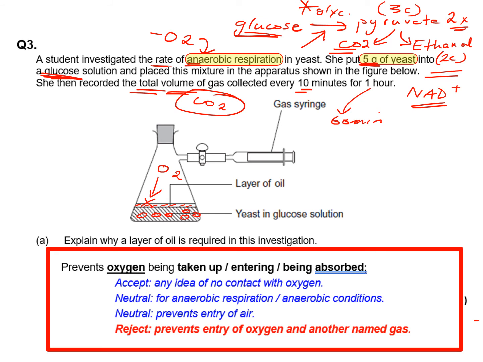So the layer of oil is required to prevent oxygen being taken up or entering the yeast by simple diffusion. Now we know oxygen is non-polar, and we actually know it's lipid soluble. So normally it can simply diffuse across phospholipid bilayers, but here it's not being allowed to get near to the yeast cells.